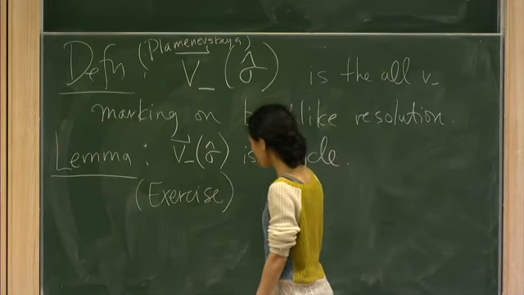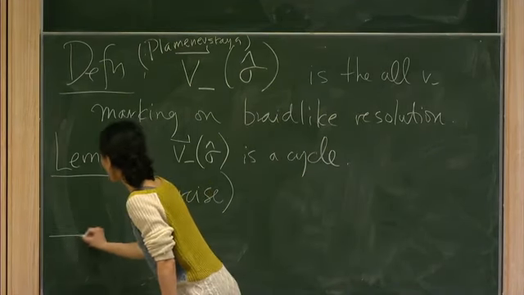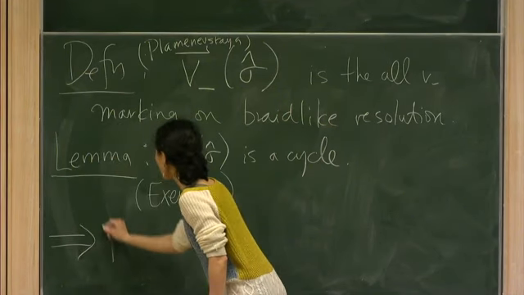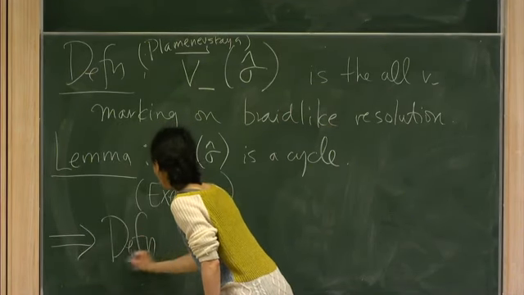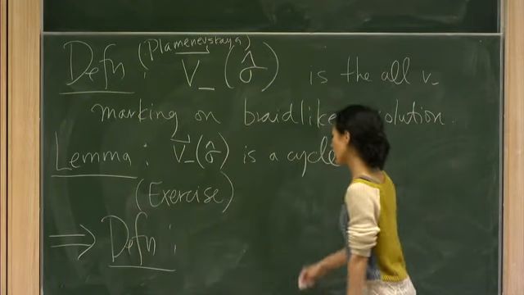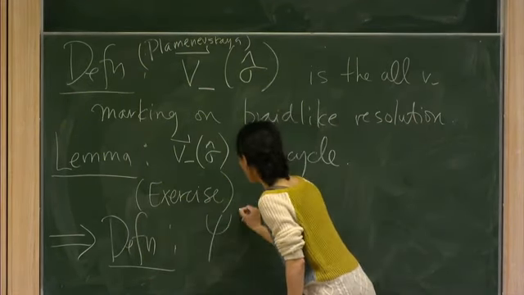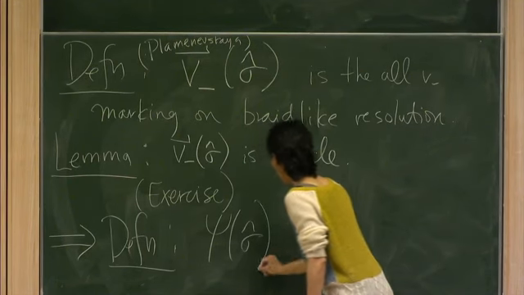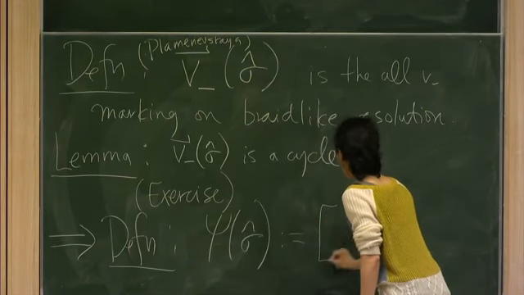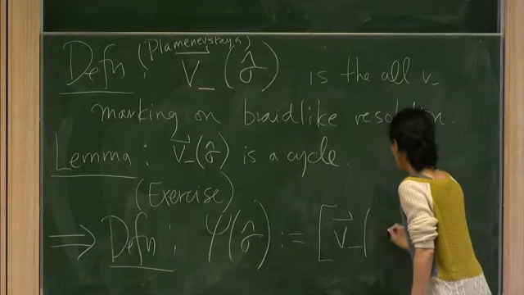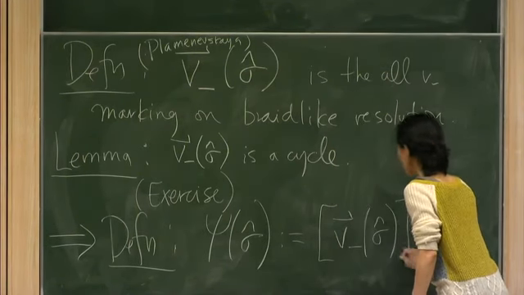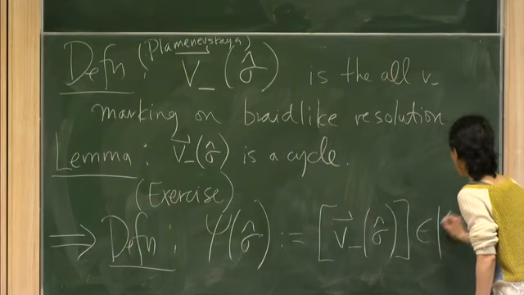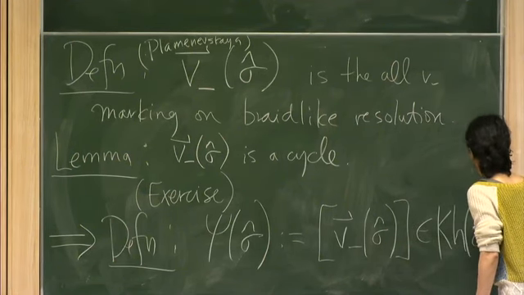Okay. And so what this then allows her to do is to define the homology class of this class. So this is an element of the Khovanov homology of the closure.